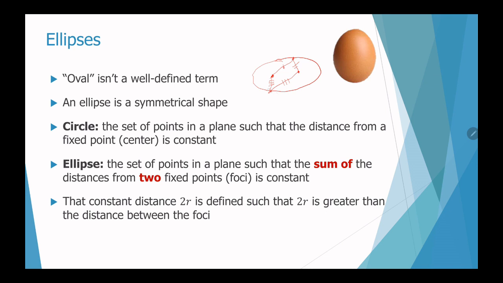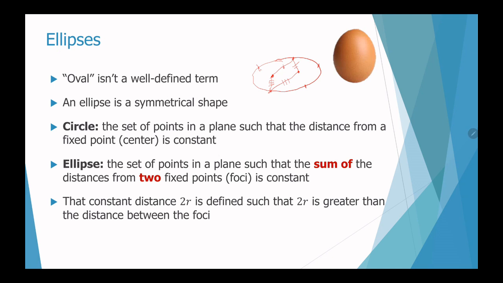And that moves, right? These points move. I could have chosen over here, or over here. The idea is that the distances from each one of these must sum up to be the same, and that's the definition of an ellipse.